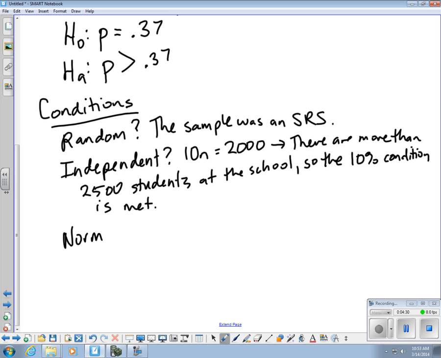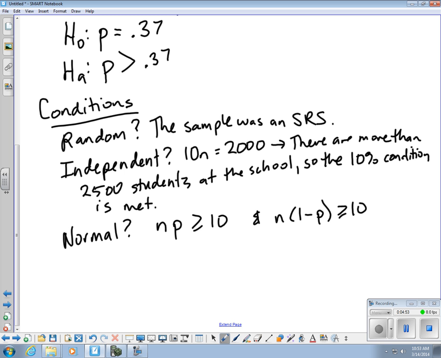Normality. Be careful, a lot of people get so enamored of the central limit theorem that they try to use it for proportions, but the central limit theorem is just for means. So even though we have a very large sample, we need to check that n times p is greater than or equal to 10 and n times 1 minus p is greater than or equal to 10.